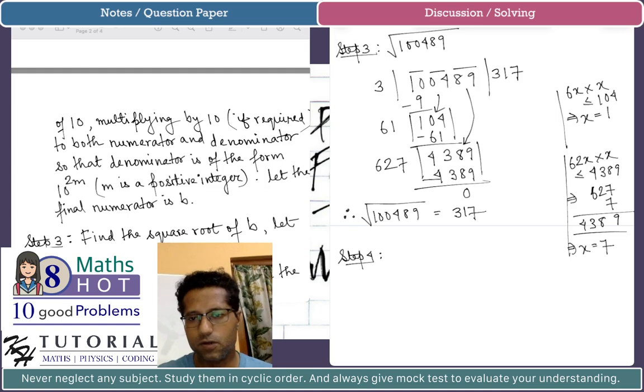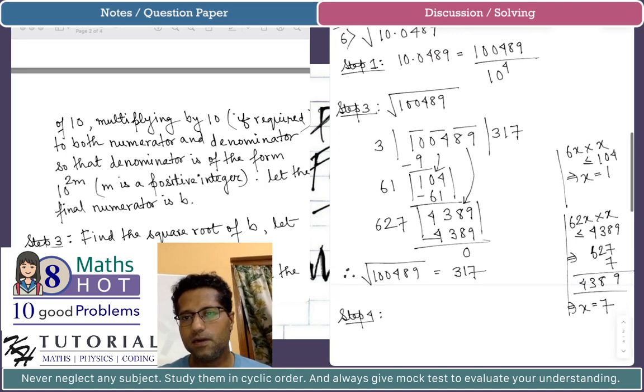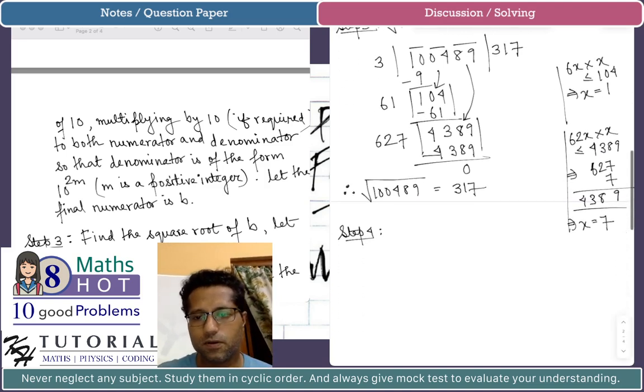Now what is 10 to the power m? We have 10 to the power twice m equal to 10 to the power 4. So 10 to the power m will be 10 squared. So the final square root will be 317 divided by 10 squared.